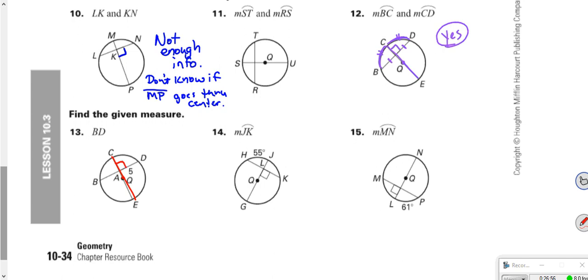So we've got that theorem that says if we have a diameter that's perpendicular to a chord, it also bisects the chord and it bisects the arc. So if this is 5, this is 5. So BD would equal 10. Hope that makes sense.